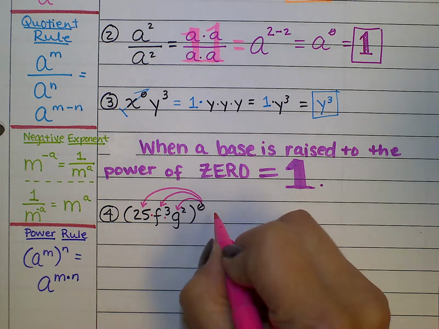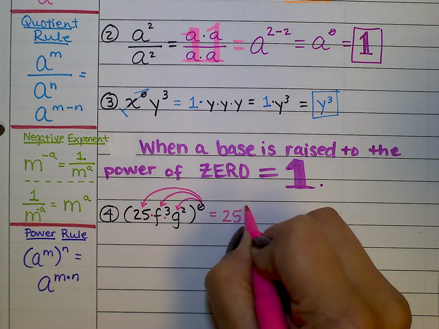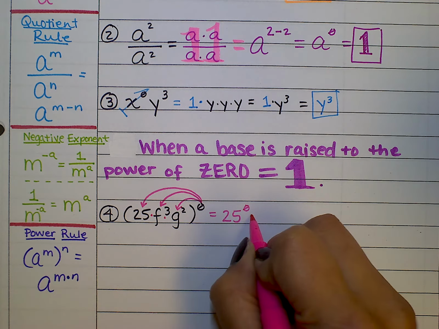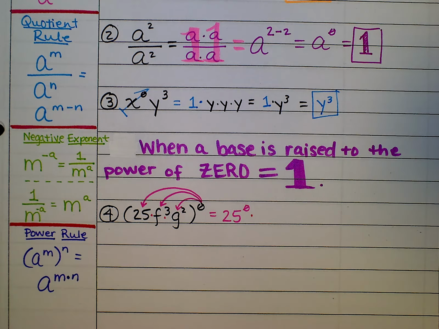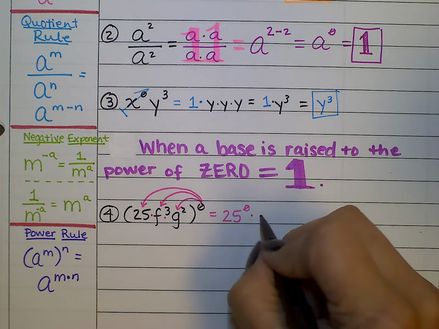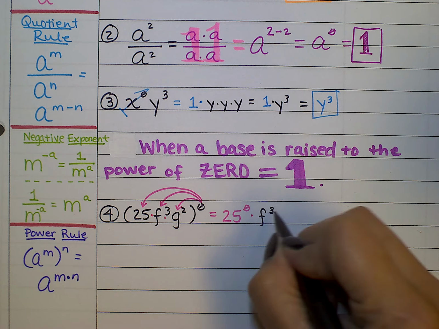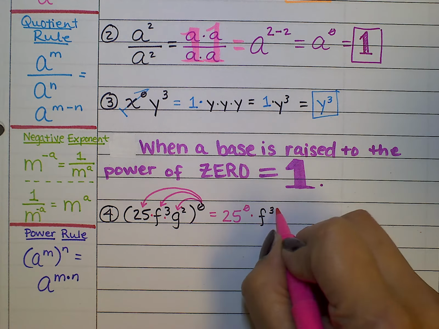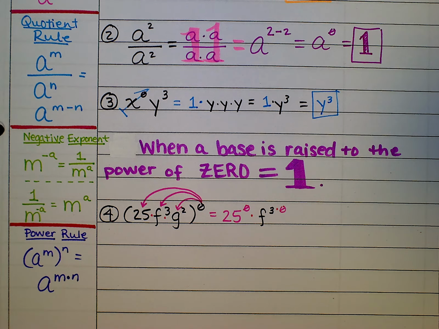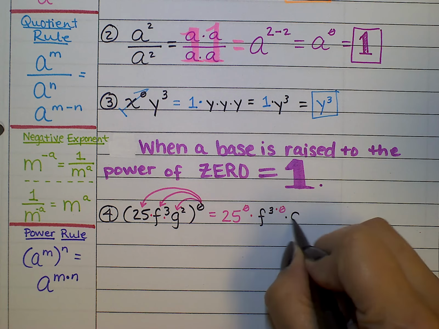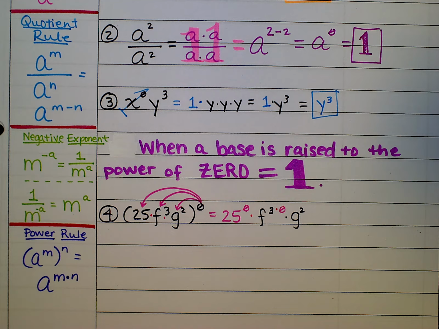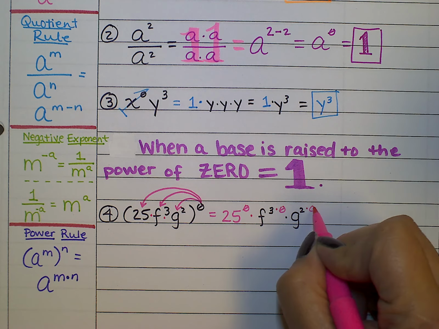So essentially, I would say 25 to the power of 0 times f to the power of 3 times 0, and g to the power of 2 times 0.